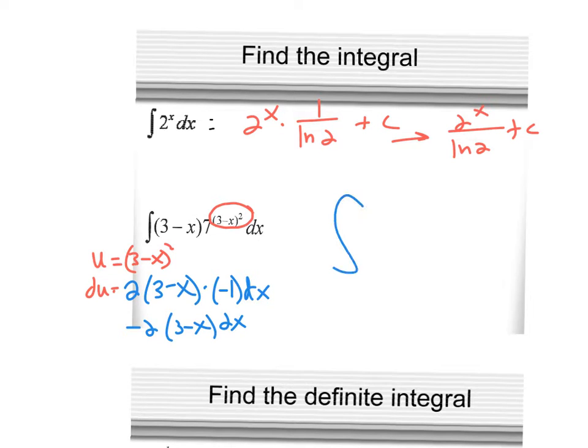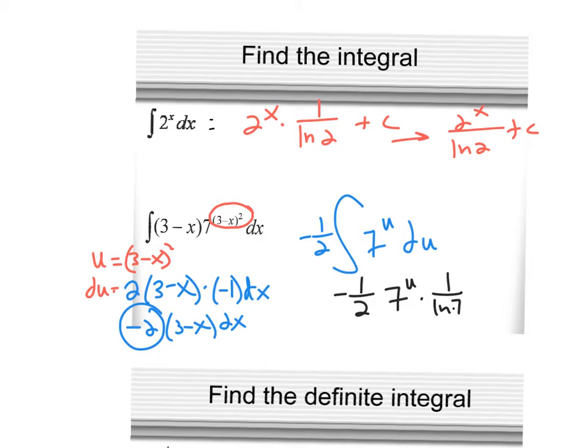Okay, so we're actually integrating 7 to the u du, but we have an extra negative 2 in here that I need to take out. Right? I need to factor that out. So before I integrate, that's what it looks like, and then I can now actually integrate. So this becomes negative 1/2 times 7 to the u times 1 over ln of 7, because that's our base here.